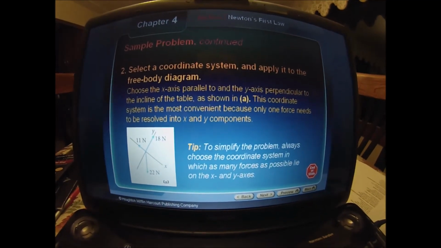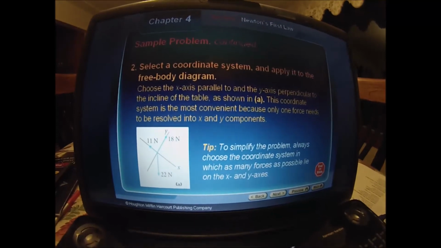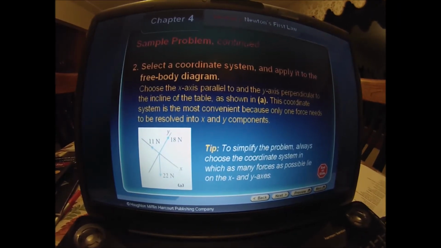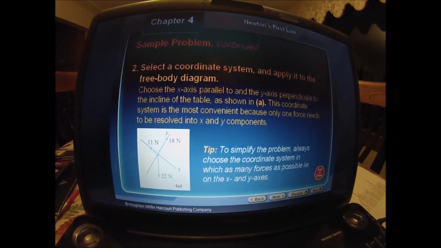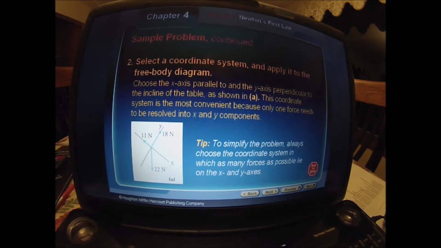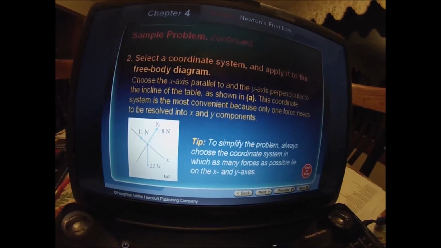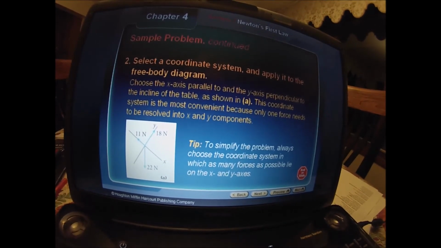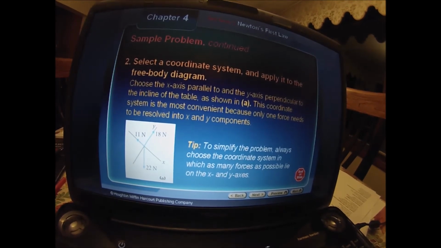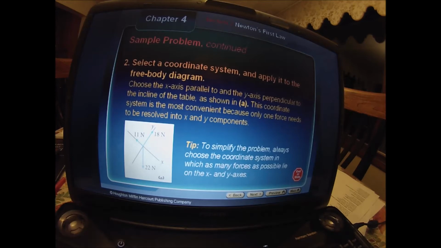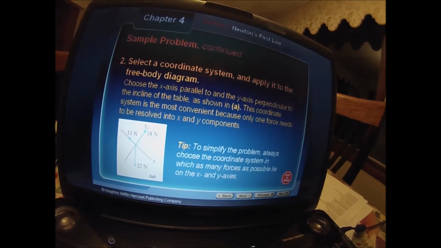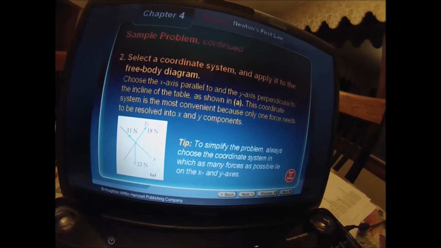So as you see, we will take the force pushing up from the table onto the book, that 18 newtons, as our y-axis, and then the friction as our x-axis. So we only have one force to calculate: we change the 22 newtons pulling downward and convert it to F of x and F of y, and then add our forces together.